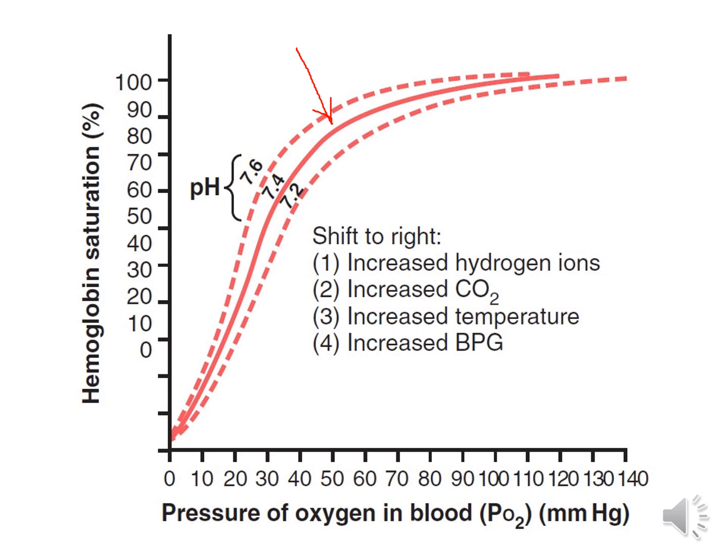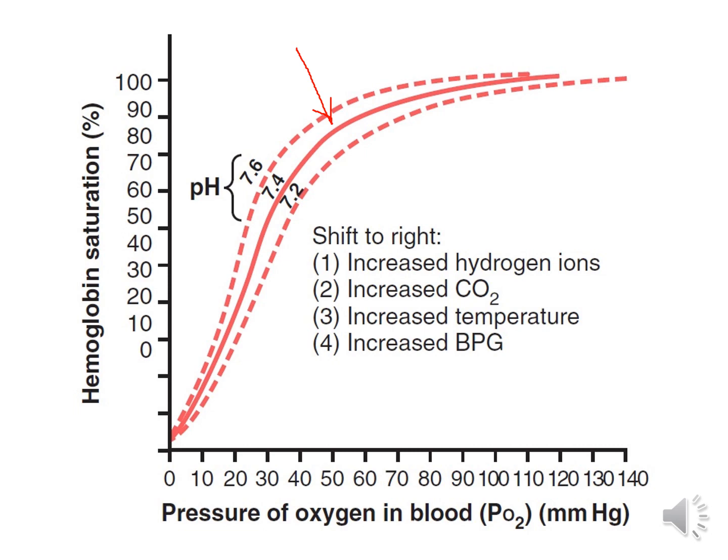And if you make a vertical line from number 50 up to the curves, you can see very clearly that when the curve shifts to the right, the saturation will be less, meaning the curve will release more oxygen. And vice versa, when the curve shifts to the left, and if you go by a perpendicular line from number 50 on the x-axis, you will find the saturation will be great.